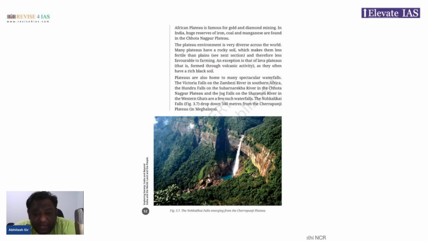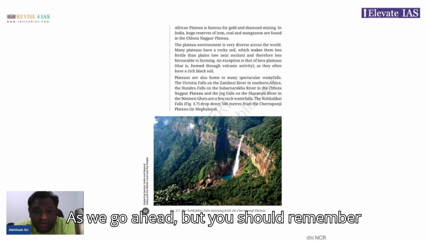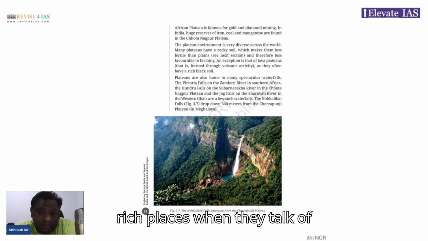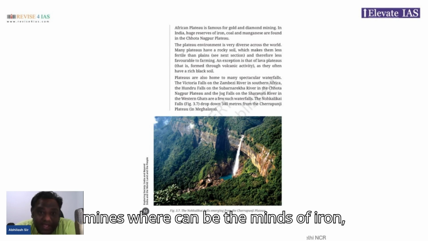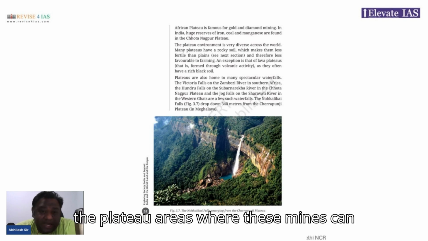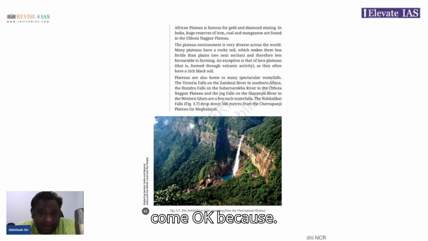What is found over there, we will learn as we go ahead. But you should remember plateaus are very mineral-resource-rich places. So when they talk of mines of iron, coal, or manganese, common sense-wise you should remember that these are the plateau areas where these mines can come.